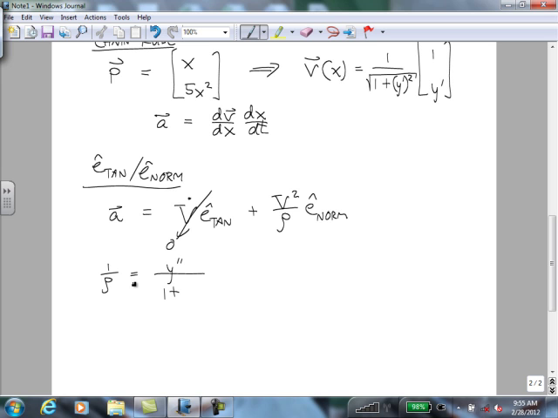1 over rho is equal to y double prime over (1 plus y prime squared) to the 3/2, which is 10 over (1 plus 100x squared) to the 3/2.